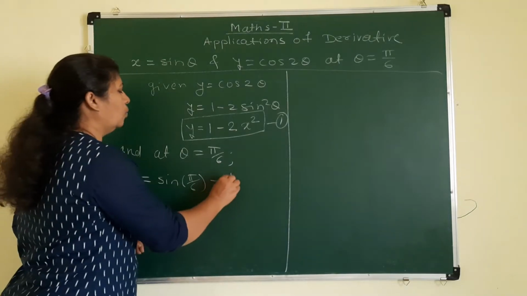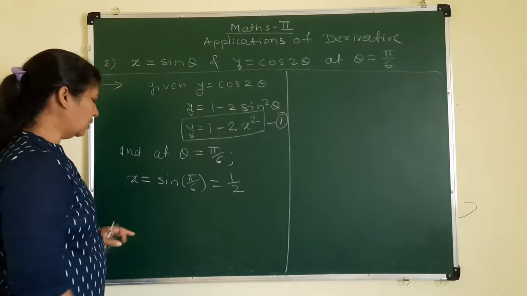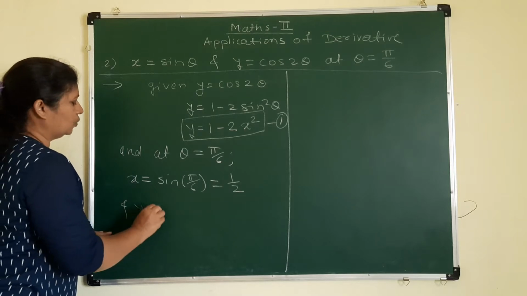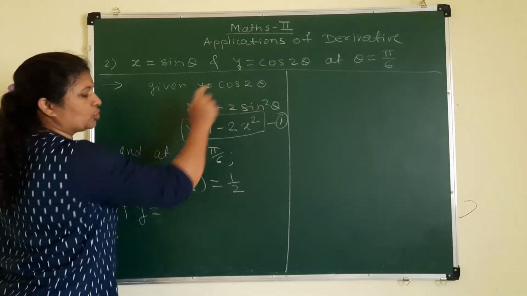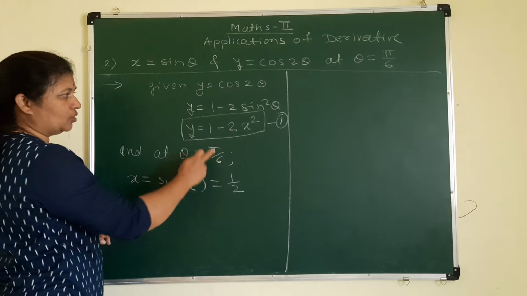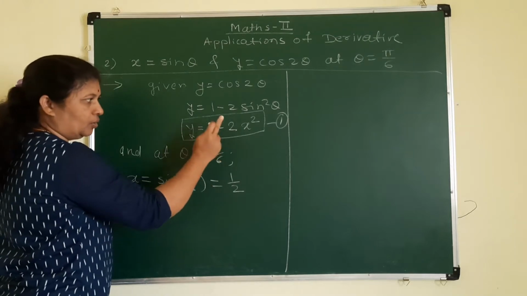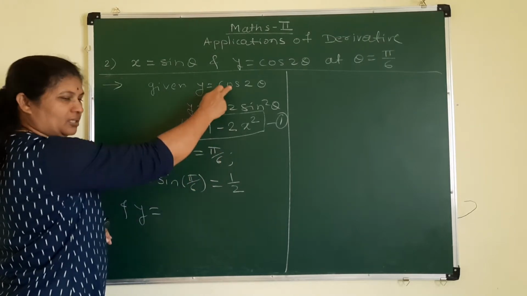It is nothing but 1 upon 2. Also, what is y? y is cos 2 theta. Now using x you can find y, or you can find it this way also.